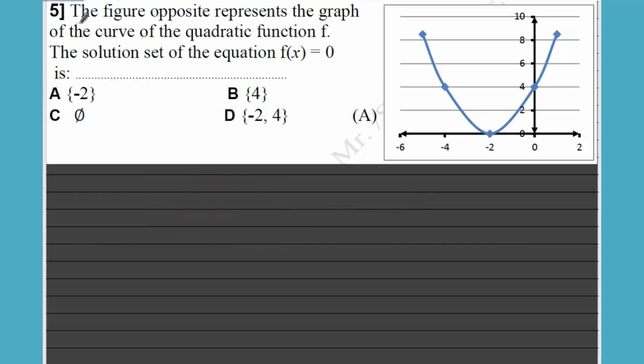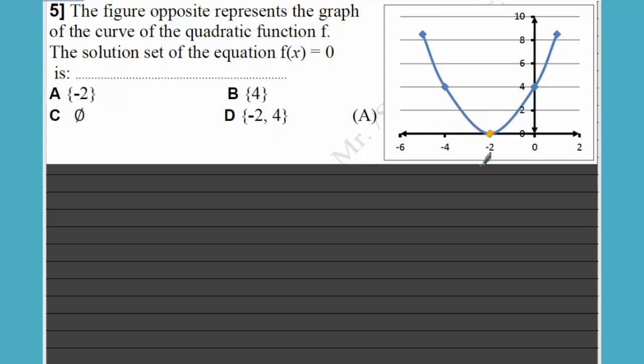Question number 5. The figure opposite represents the graph of the curve of the quadratic function f. The solution set of the equation f of x equals 0 is negative 2, or the set 4 or 5, or negative 2 and 4. The curve intersects the x-axis at only one point.